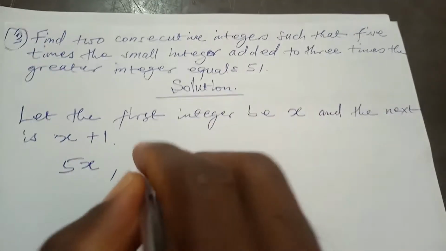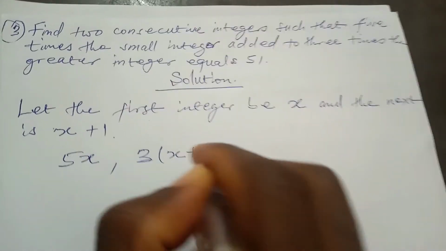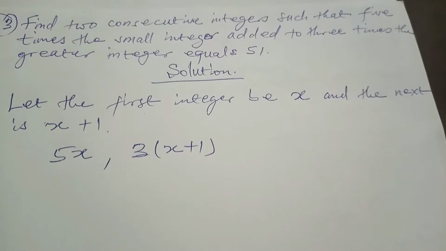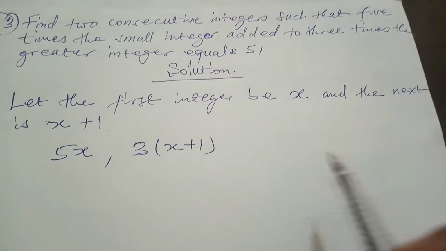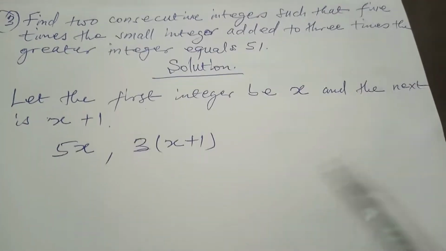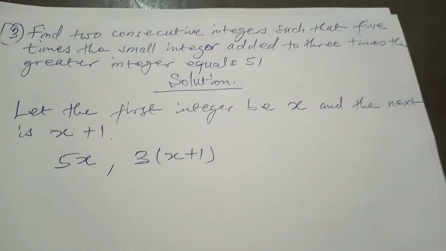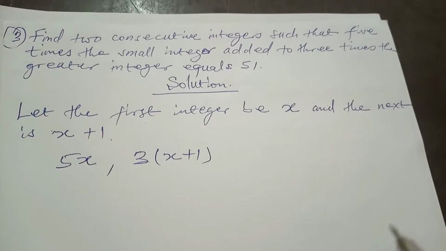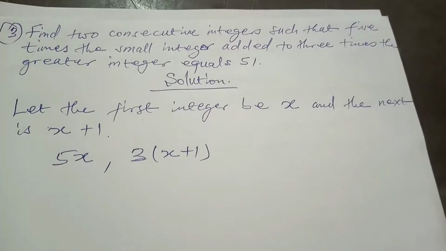So 3 times the greater integer will be 3(x plus 1). And remember to put the x plus 1 in parentheses, because when opening it, the 3 must multiply everything in it. If you don't put it in parentheses, the 3 will multiply only the x and it will make your answer wrong. Because it's the two of them together that is the second integer. So added to 3 times the greater integer equals 51.